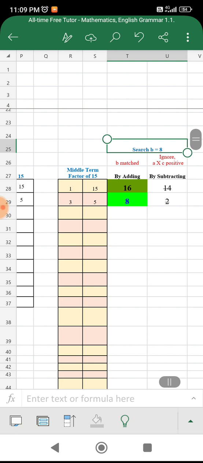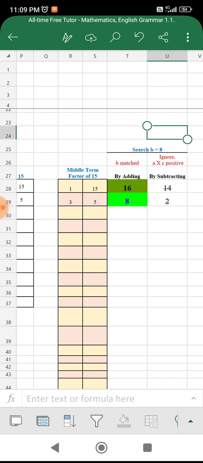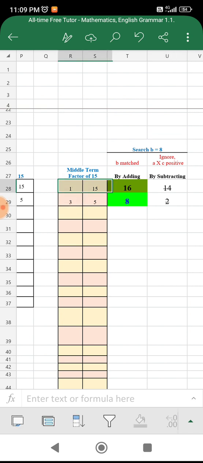We can reach 8 either by subtracting these two numbers or adding these two numbers. If we consider 1 and 15, adding we get 16, and if we subtract, we get 15 minus 1, that means 14. But we have to reach 8, so it will not be considered at all.